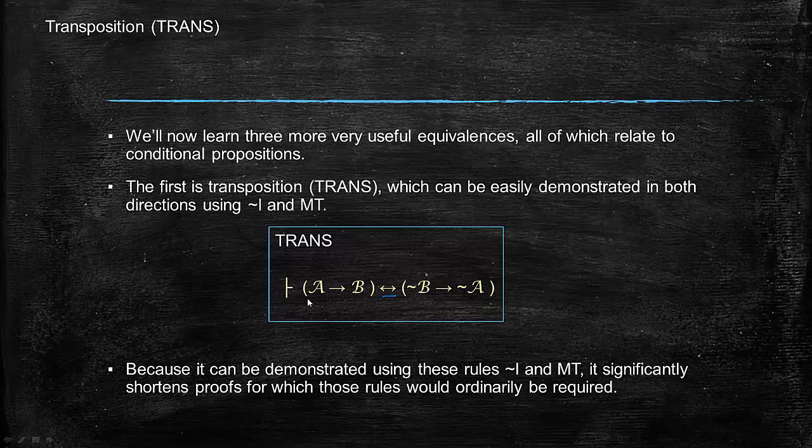The typical way of doing this is you're going to hypothesize if A, then B, and derive if not B, then not A. And then after you're done with that, you'll hypothesize if not B, then not A, and derive if A, then B. And once you've done that, you'll just put them together with a biconditional introduction.